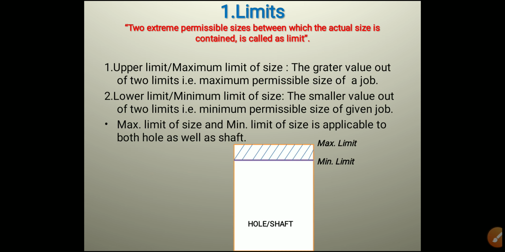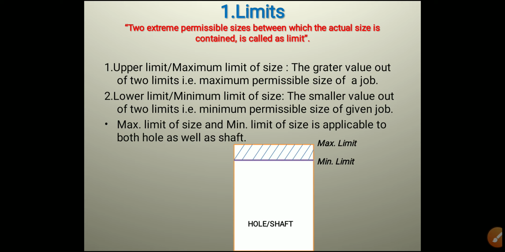Starting with the concept of limits. Previously we have seen the definition of limit: the two extreme permissible sizes between which the actual size is contained is called limit. There are two types of limits, the upper limit, or maximum limit of size, and the lower limit, or minimum limit of size.